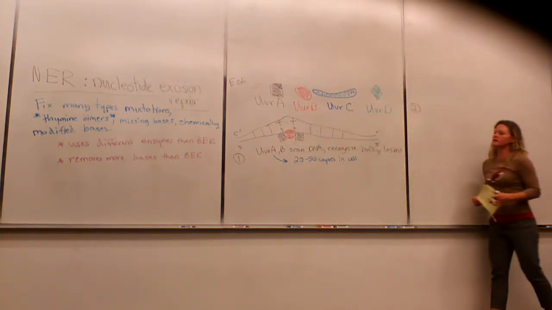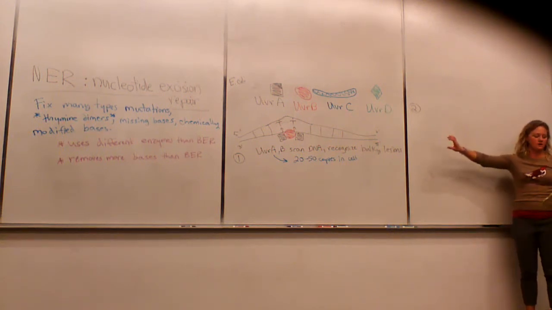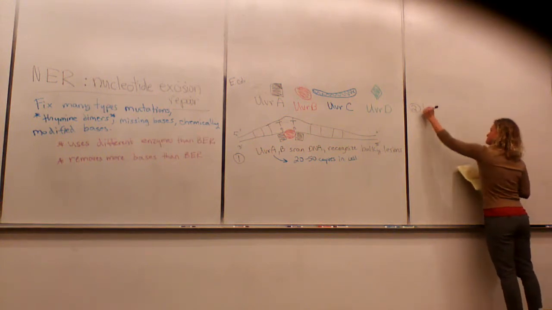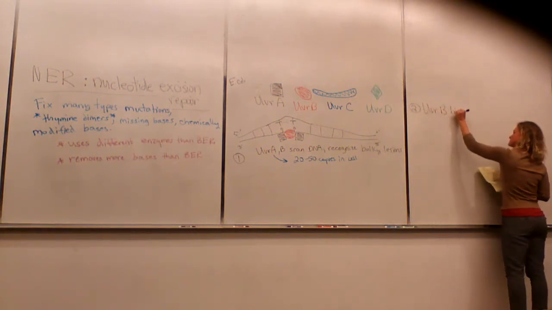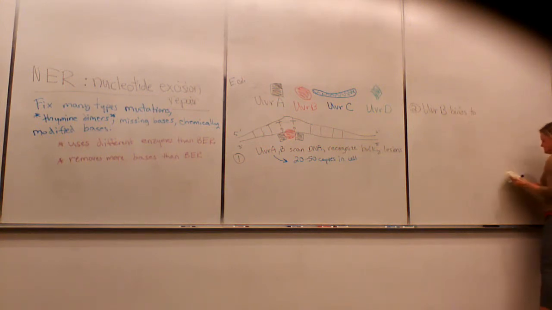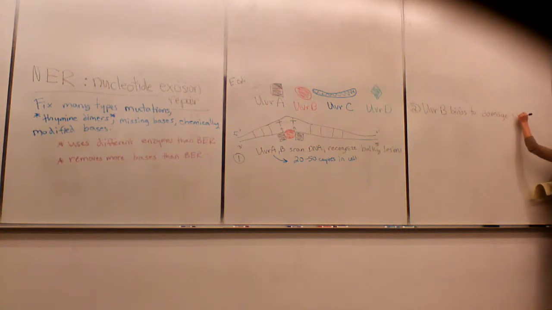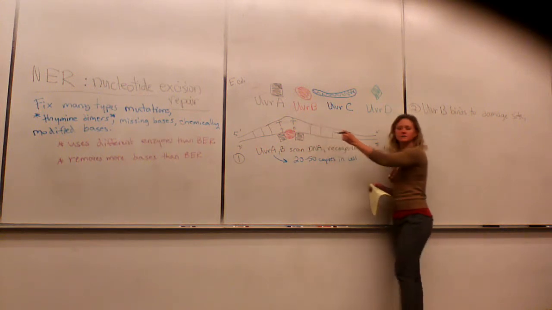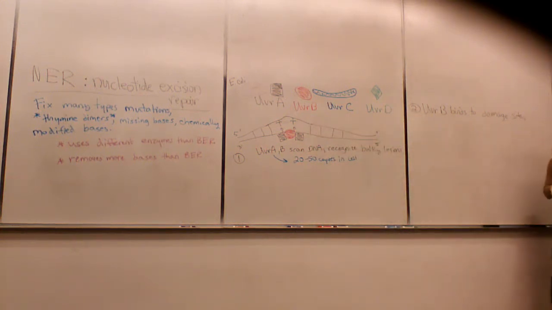And what's going to occur is once they recognize that bulky lesion, UVRB will bind. So it's binding directly to the DNA. And this binding of UVRB, so it's in complex with the A's, and when it binds to that lesion site, that binding causes a conformational change such that the UVRAs will fall off, causes them to disassociate.